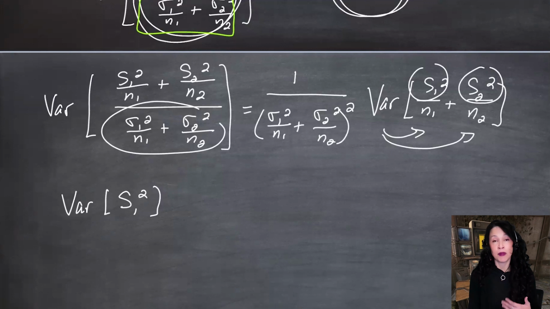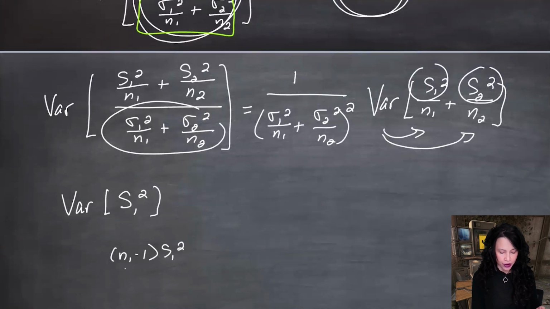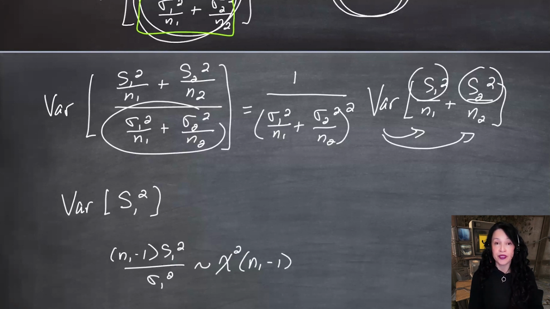The easiest thing, in my opinion, to do here is not to go looking at the expectation that defines this, but to use the fact that we know, given we started with normal samples, that n1 minus 1, s1 squared over sigma 1 squared has a chi-squared distribution with n1 minus 1 degrees of freedom. And the mean for a chi-squared is equal to its degrees of freedom. The variance for a chi-squared is equal to 2 times its degrees of freedom.